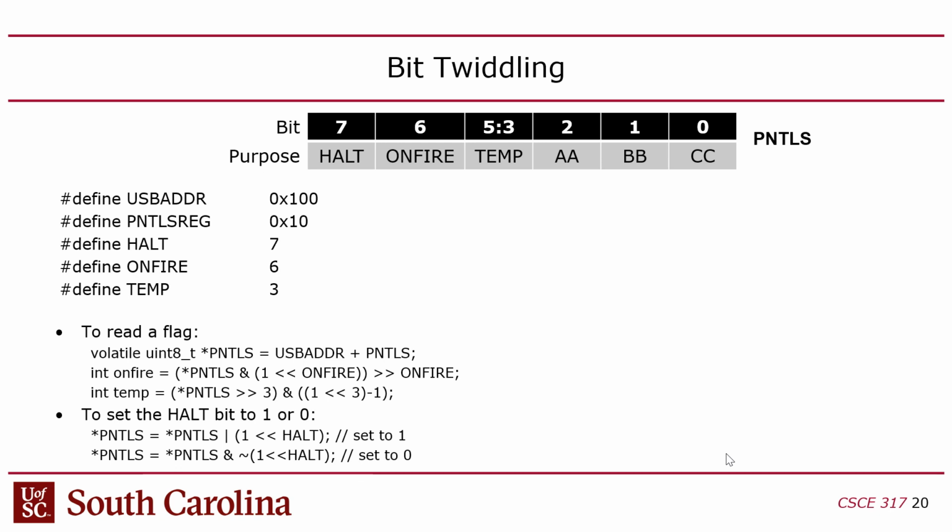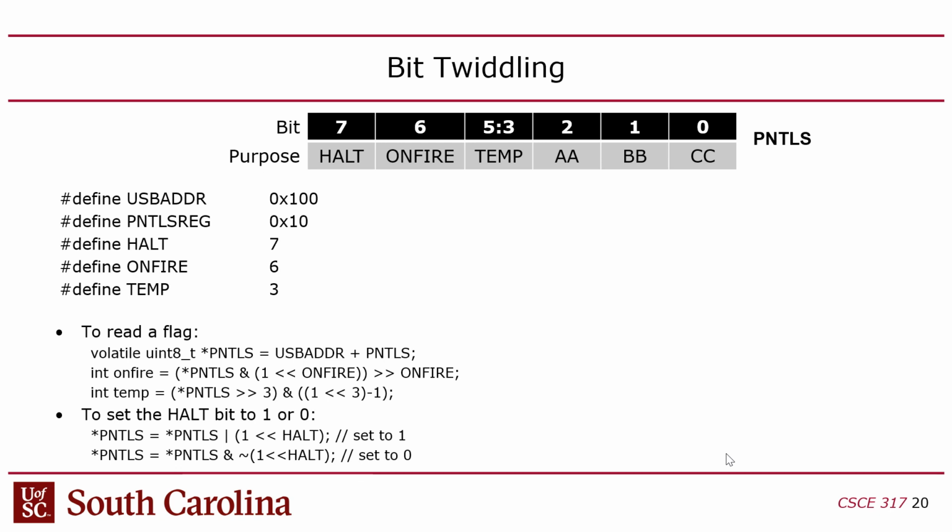And then when I access it, I would say volatile, if it's an 8-bit register, uint8_t star PLTS. So now I'm declaring this thing as a pointer, right? And then I'm just going to set it to, in this case, actually I calculate the effective address, USB address, which is the base address of the USB adapter, and then PLTS reg is just the offset, right?